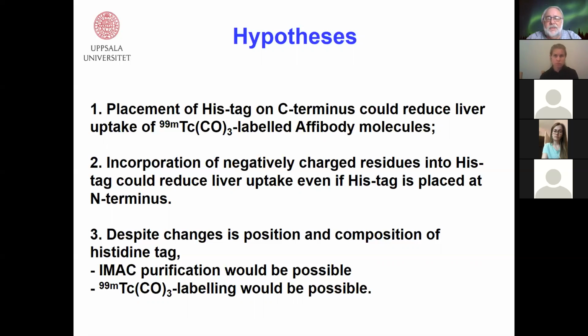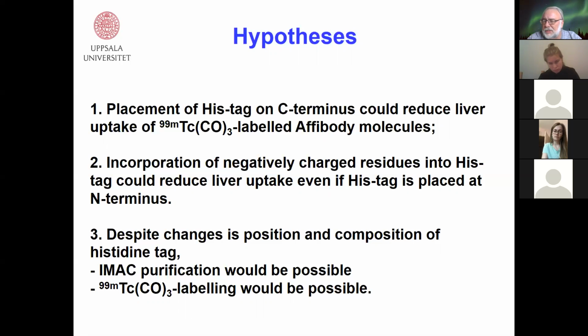So second variant, as you remember, that it was H histidine X histidine. So I just say, okay, let's substitute every second histidine with glutamate. So we created, instead of H6 tag, tag.